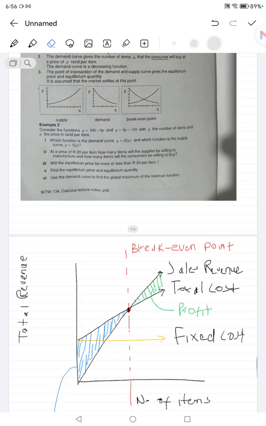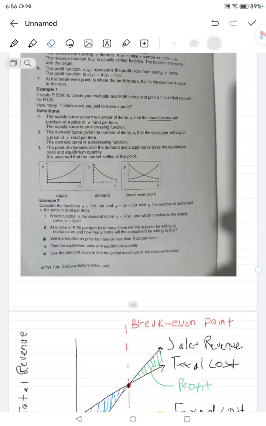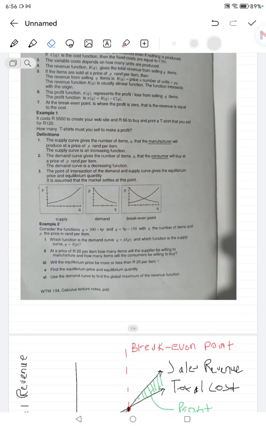Remember, we talked about the supplier on this side and the consumer on this side. The supplier is the manufacturer, and the consumer is the buyer.